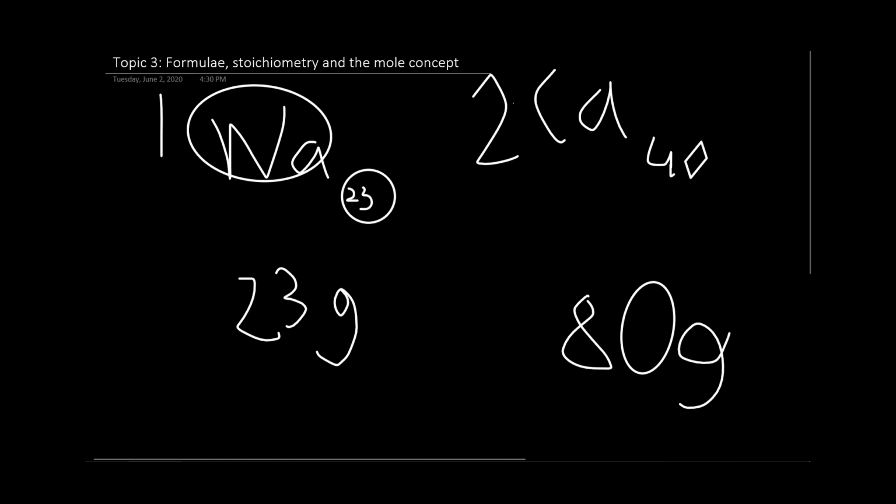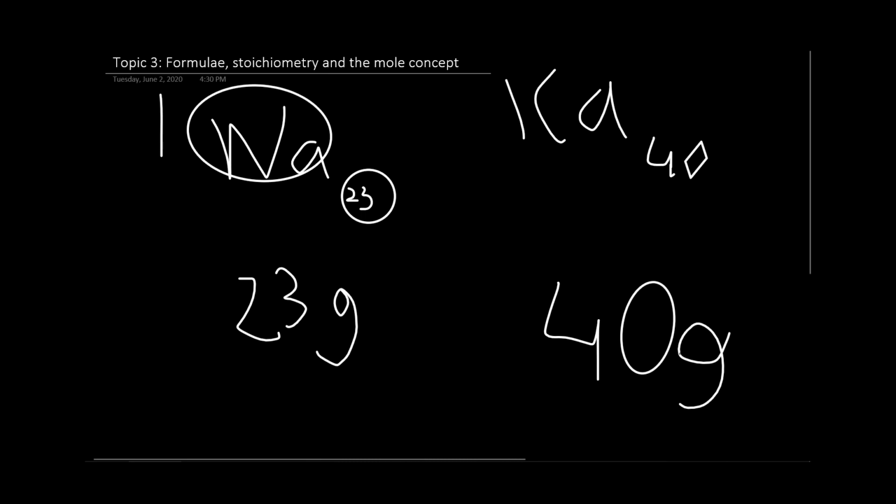The amount of calcium that will have a mass of 40 grams is 1 mole of calcium, right? So here as well, 1 mole of calcium is the amount of calcium that will have a mass equivalent to its relative atomic mass.